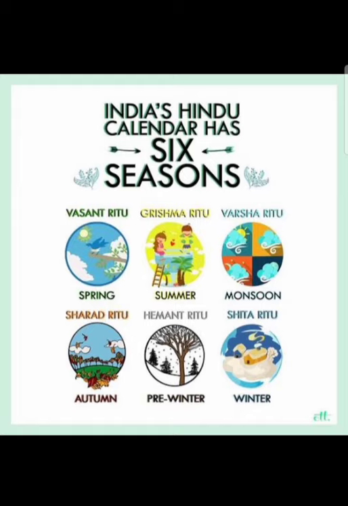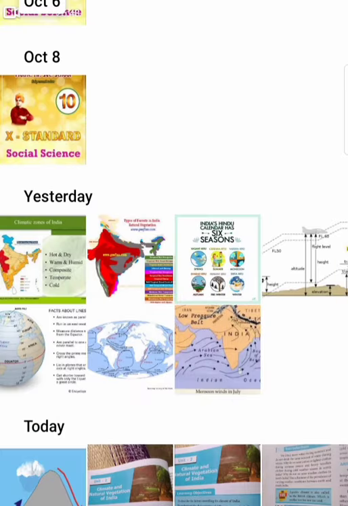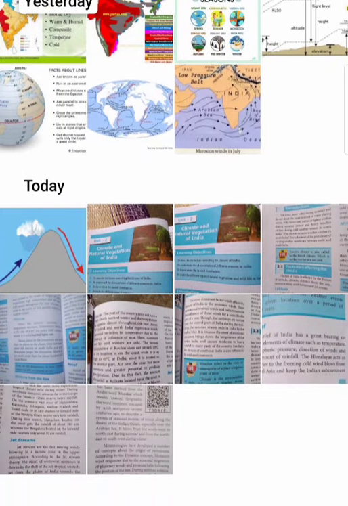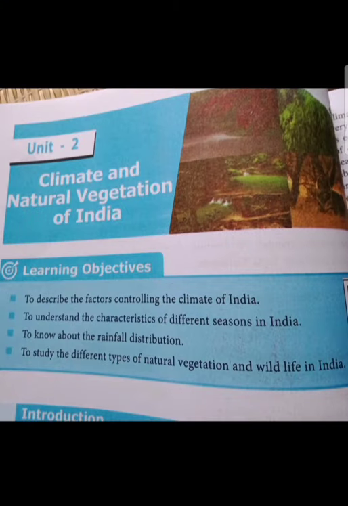Next, to know about the rainfall distribution in India. The average precipitation over the whole earth is about 100 centimeters, that means 39 inches. But this is distributed very unevenly.